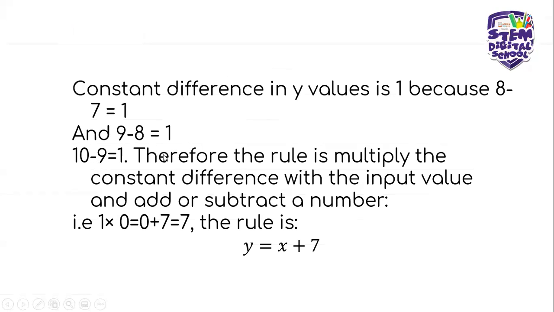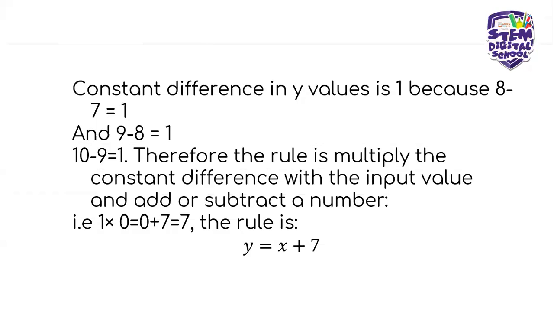Remember, these are the values of y, and we are looking at that pattern just to check whether there's a constant difference. And indeed, we have discovered that the constant difference is 1.